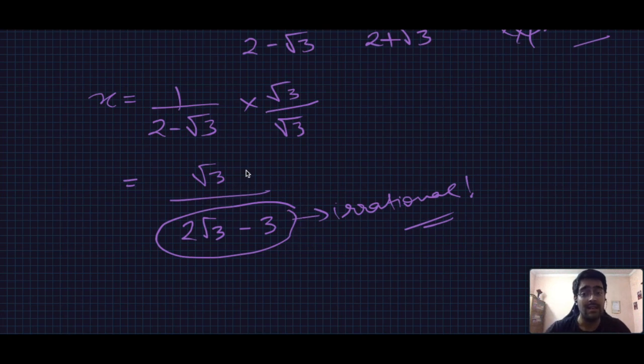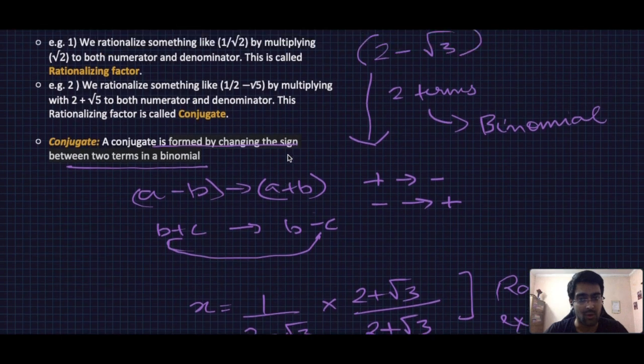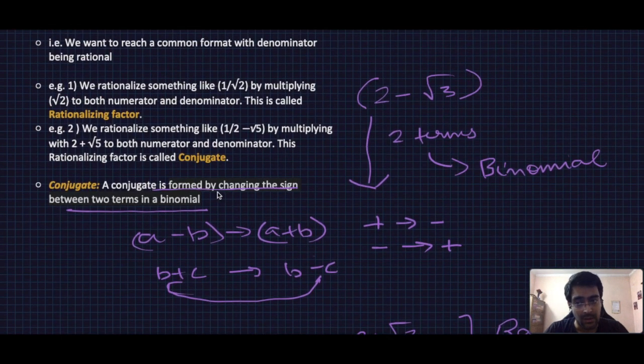So, in the case of a monomial expression, a monomial being a single term, let's say 1 by root a, you just multiply by root a over root a and you rationalize the denominator. But if it's a binomial term, like 1 by 2 minus root 3, you have to multiply it with its conjugate, which is formed by changing the sign between two terms in a binomial. So if it's a minus b, it becomes a plus b.